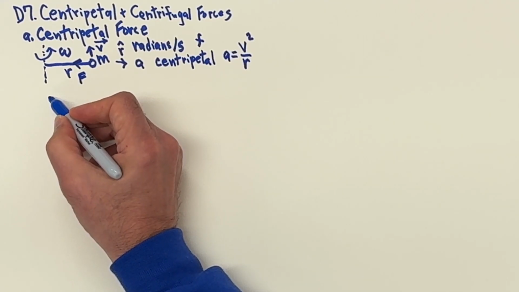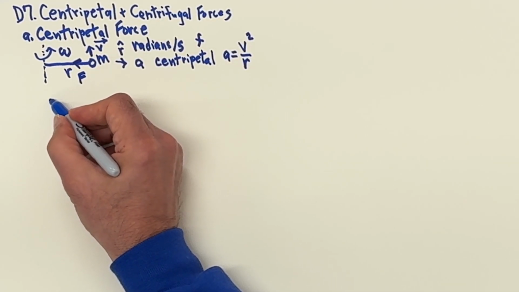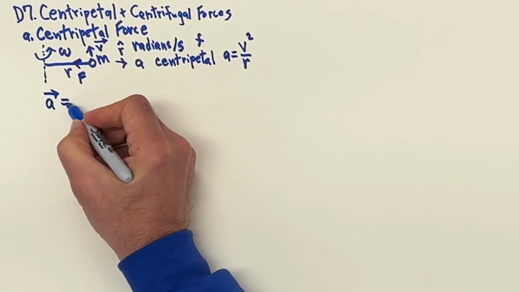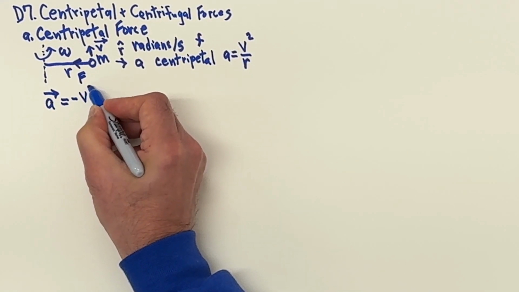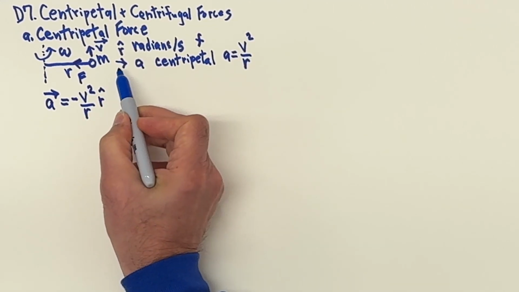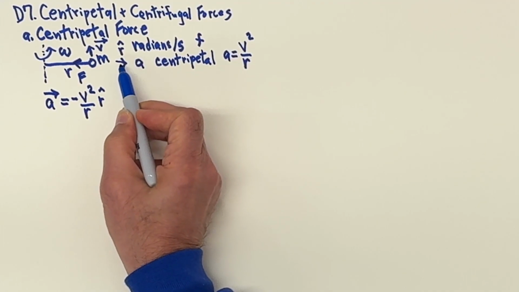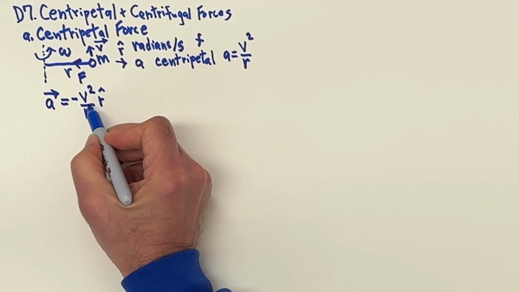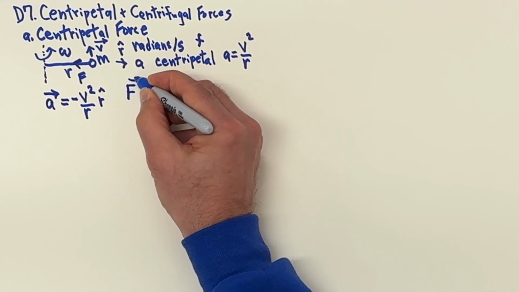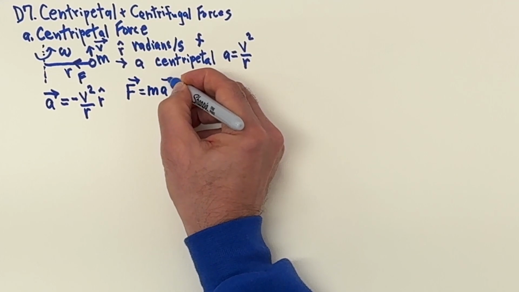So if we write down the vector for acceleration, it is minus v squared over r, times r hat, the little unit vector going outward away from the center. This is the acceleration. And the force that goes with that would simply be the mass times the acceleration vector.